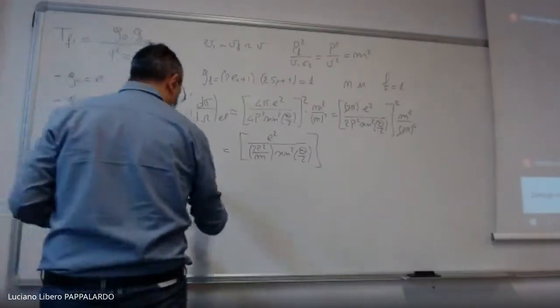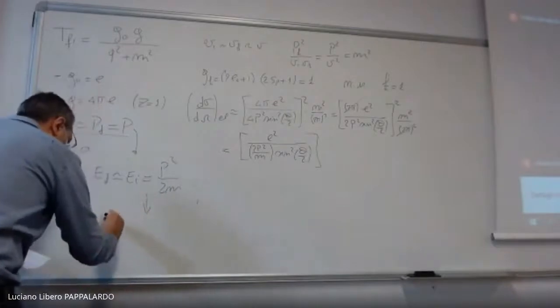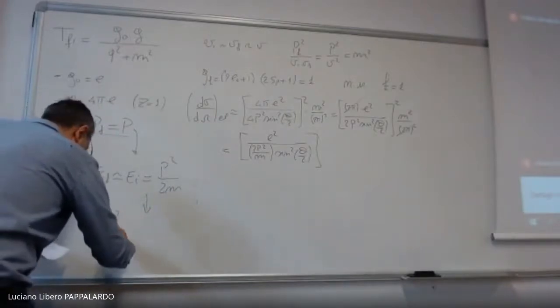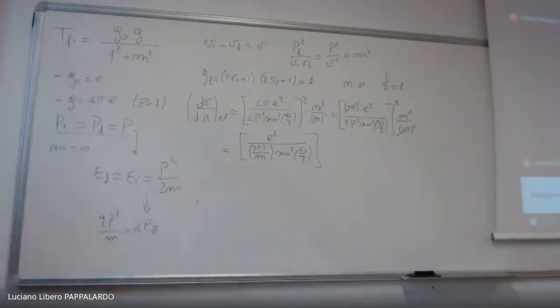So 2 p squared divided by m is just 4 times the energy of the scattered electron.